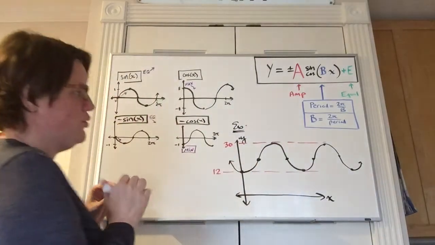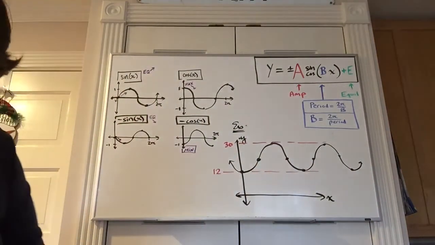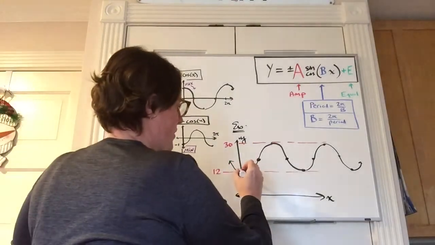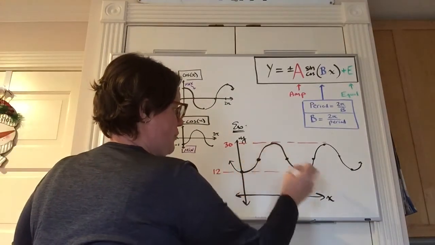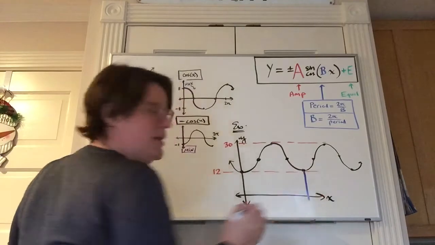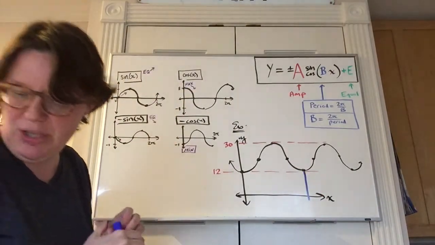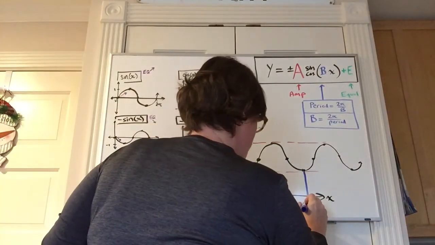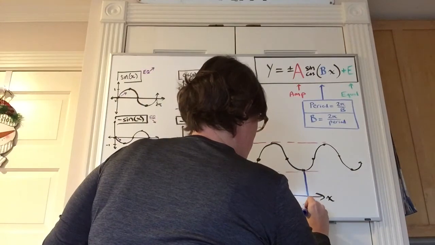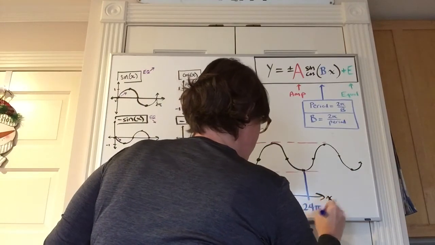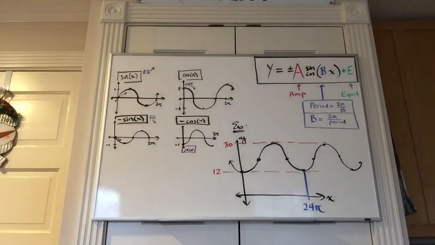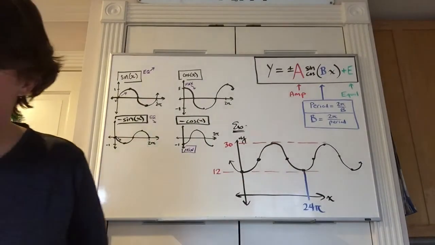That's the nature of a sinusoidal function. But I'm going to say that the close of this first period, when I go from a minimum all the way through a full cycle and I get back to another minimum, let's say that the close of that period is, how about 24 pi?